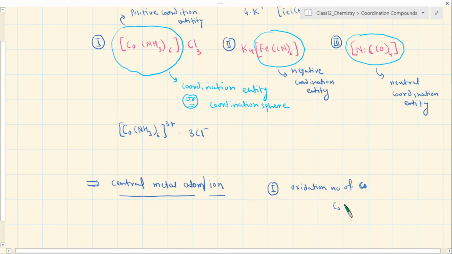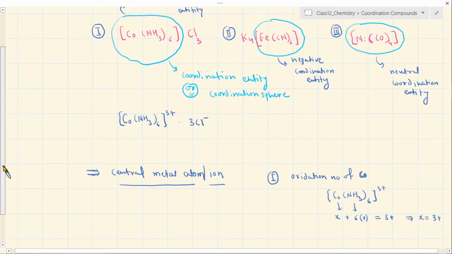We need to find out for cobalt in Co(NH3)6 3 plus. Let me call it X. There are 6 of ammonia and each one is with 0 oxidation number. So the total of this and this should be equal to 3 plus, and this tells you therefore X is equal to 3 plus. So the oxidation number of cobalt in this case is 3 plus.